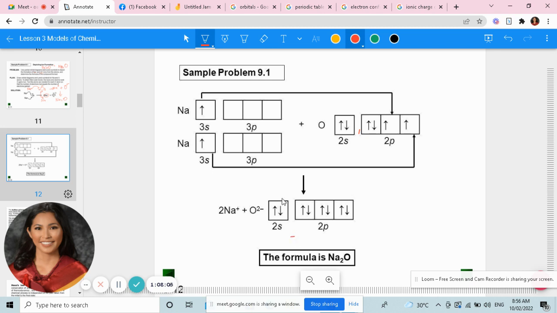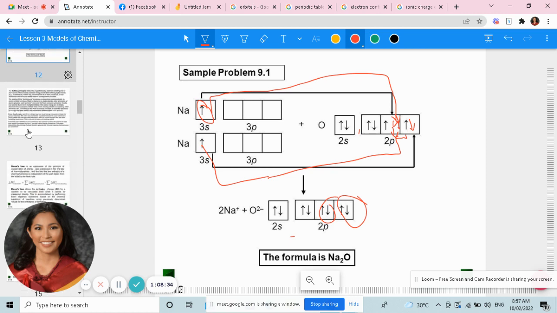The electron from the 3s will be placed there first, with different spin, and this one also goes to this orbital, with opposite spin. So forming this one and this one. The formula is now Na2O.